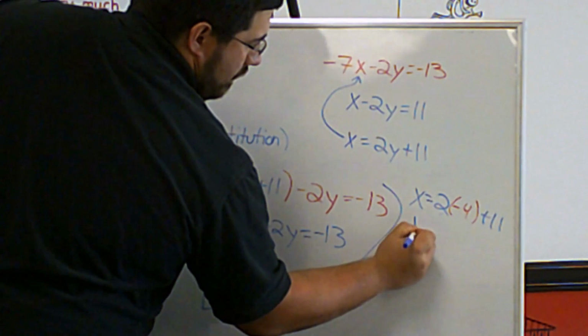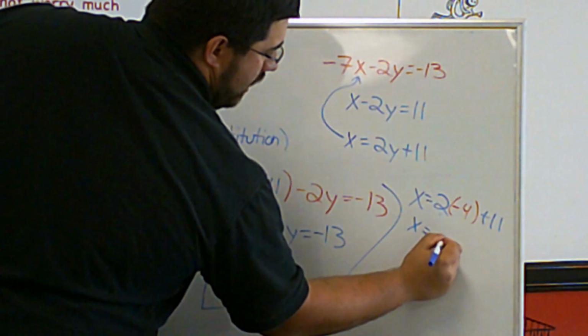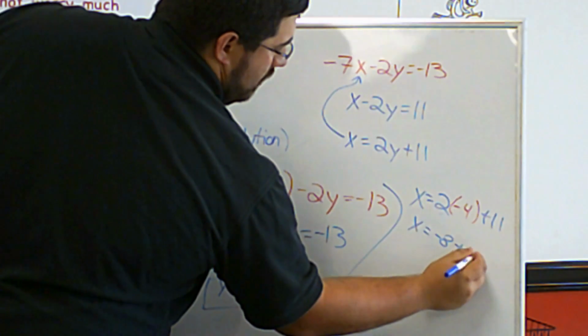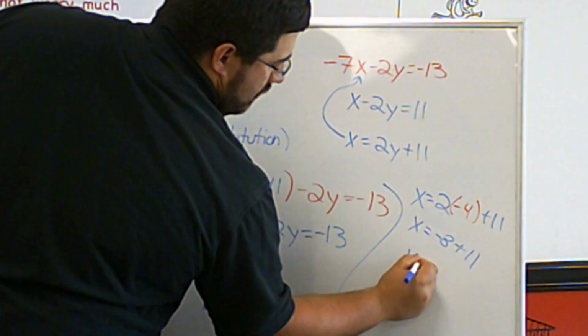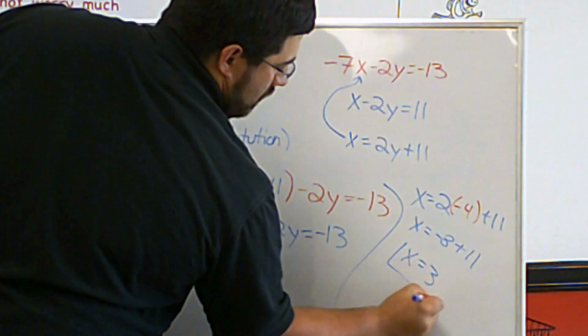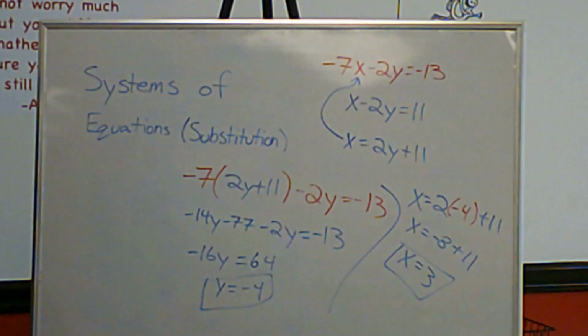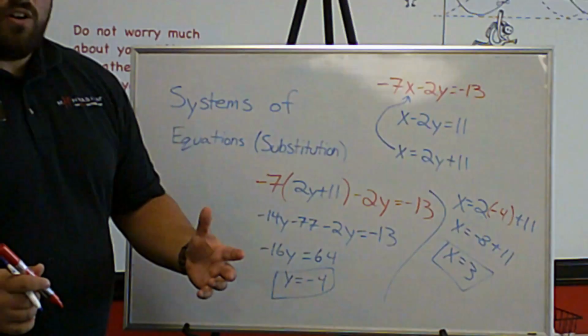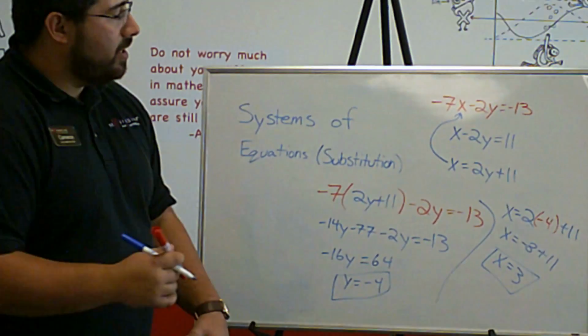Simplify this: x equals negative 8 plus 11. Therefore, x equals 3.